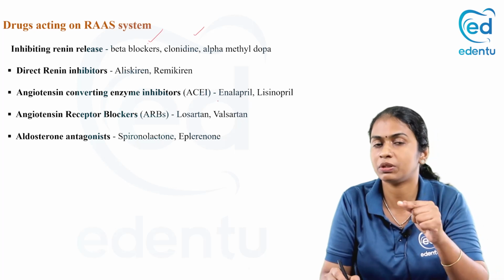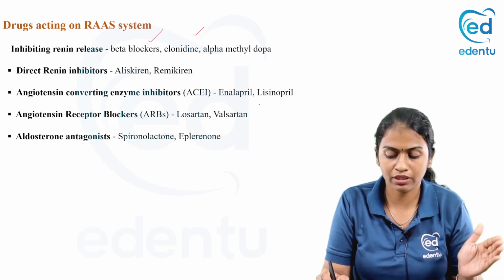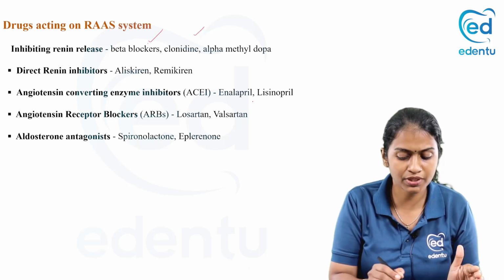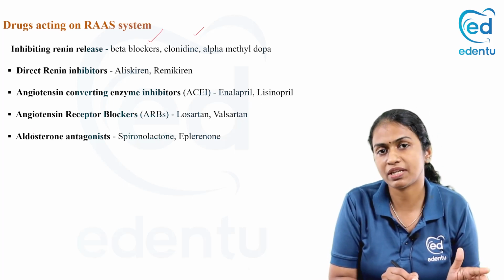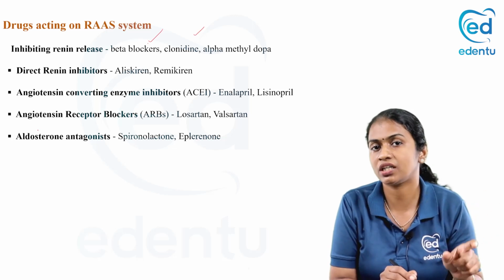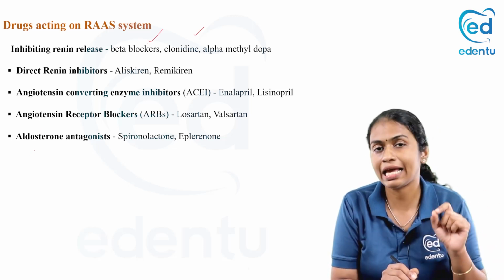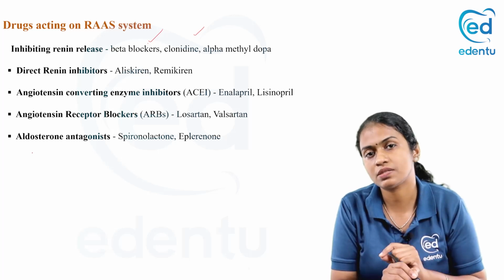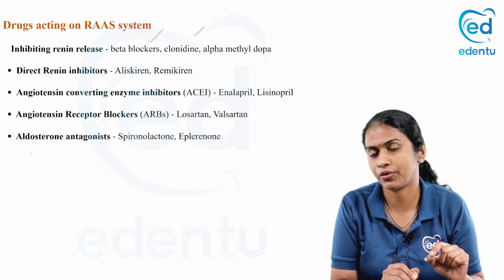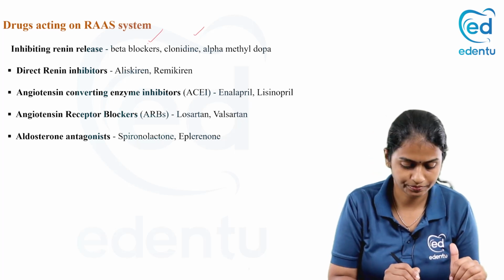We have everything ending with pril, that is enalapril, captopril, lisinopril, ramipril. Then you have angiotensin receptor blockers, that is your sartans: losartan, telmisartan, candesartan, irbesartan, and aldosterone antagonists like spironolactone and eplerenone. So these are the drugs that act on the RAAS system.